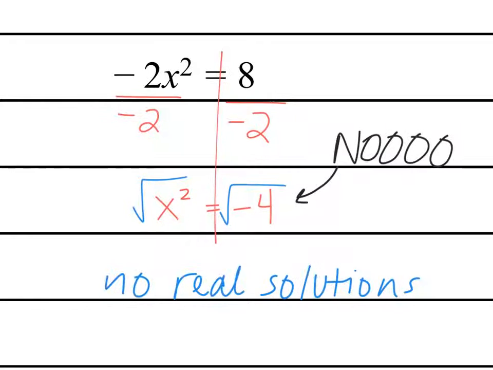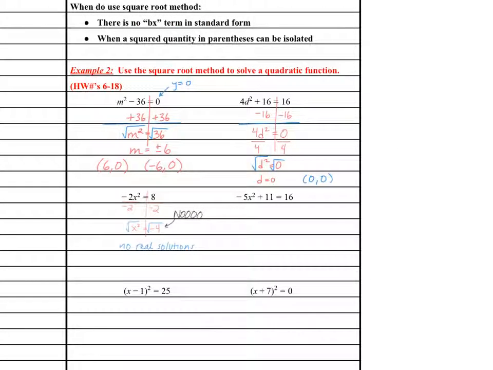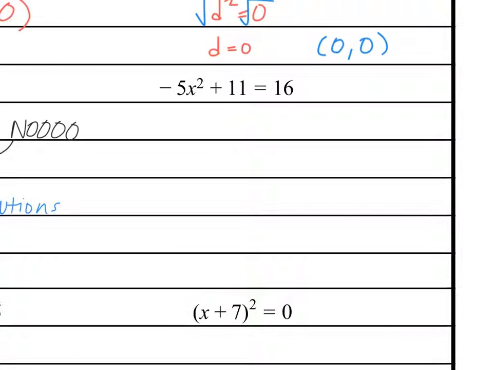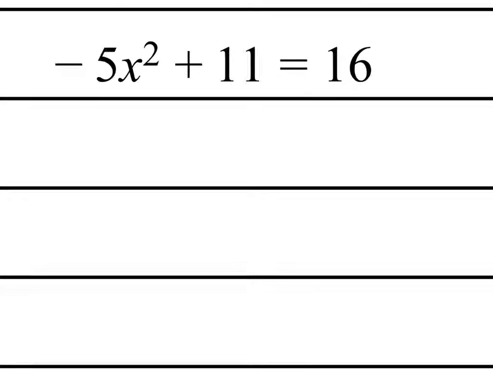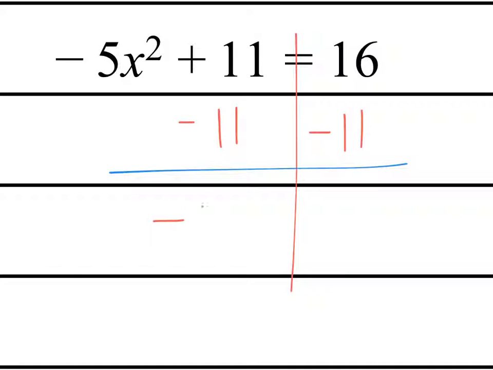Okay, let's do the next one. Hannah, what do you think I should do first? Yep. We're trying to get that x squared by itself. So negative 5x squared equals 5.